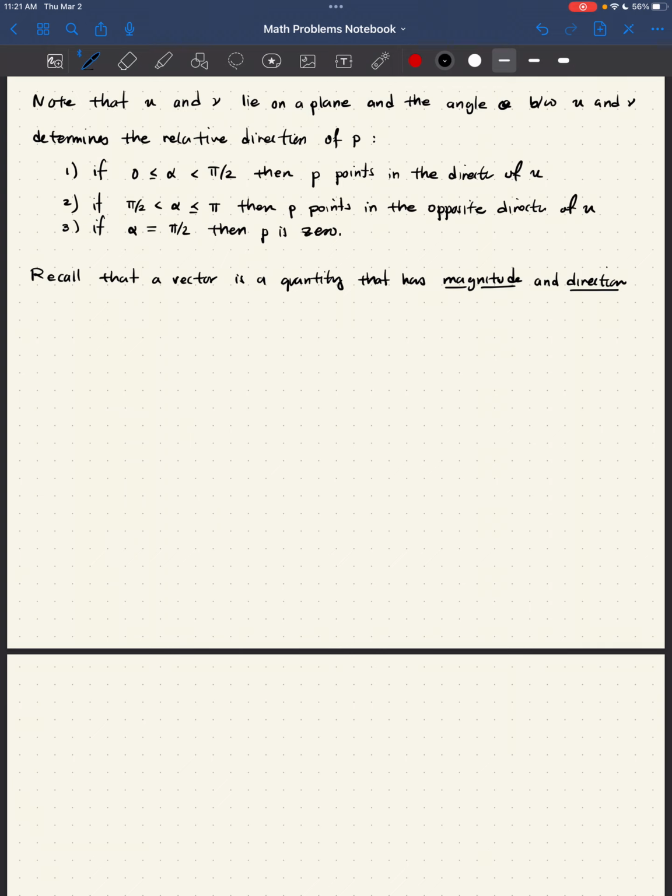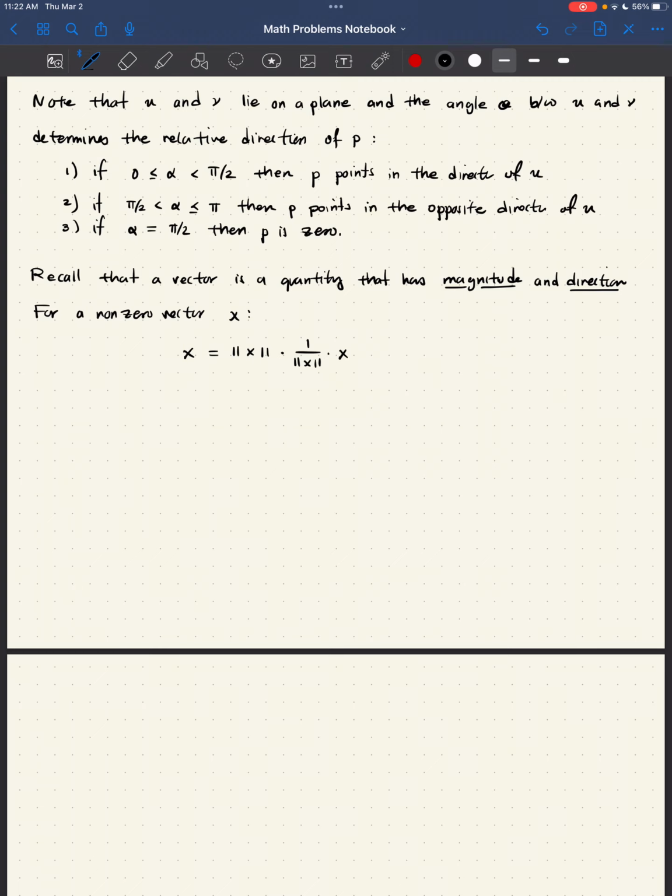For a non-zero vector x, we can write the following. The vector x is decomposed as the norm of x, the magnitude of x, times 1 over the magnitude of x times x itself.